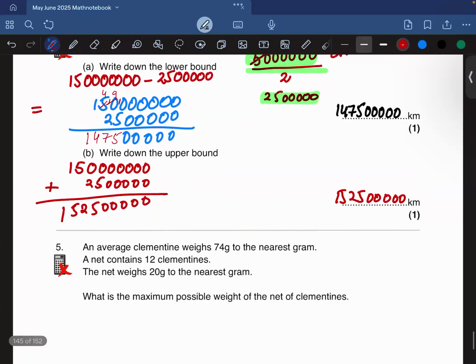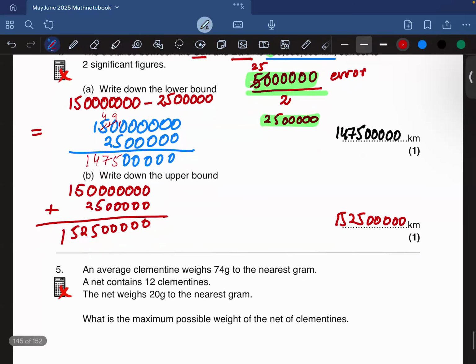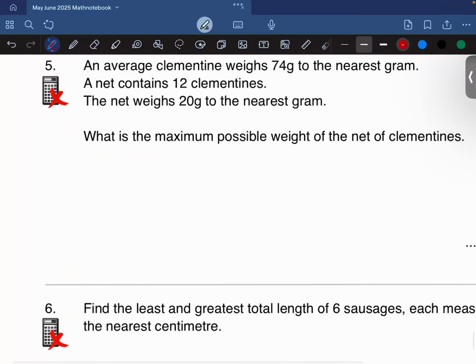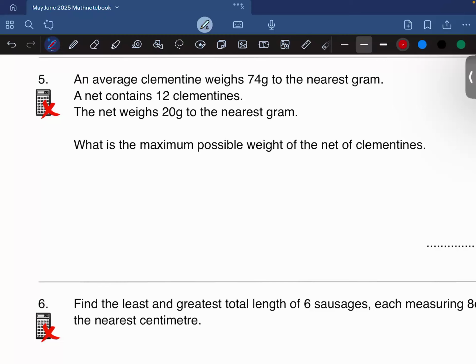Let's move to question number 4. An average clementine weighs 74 gram to the nearest gram. A net contains 12 clementines and the net weighs 20 grams to the nearest gram.